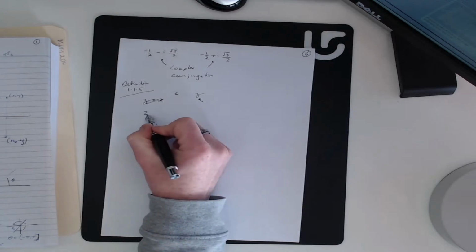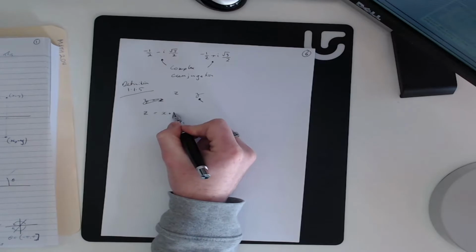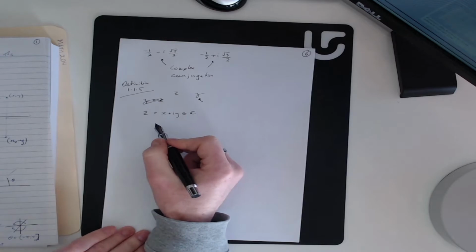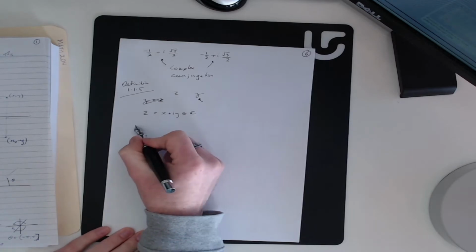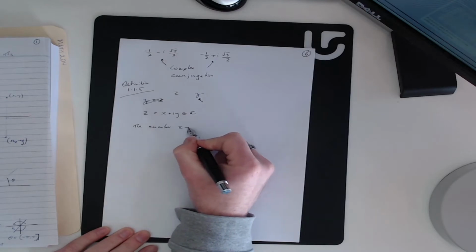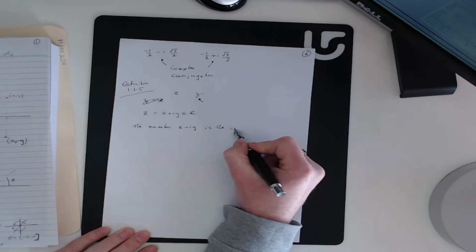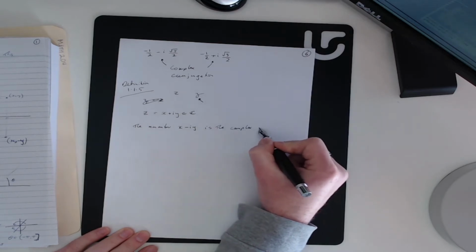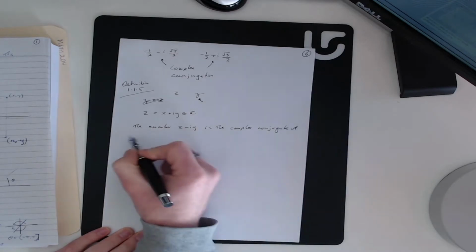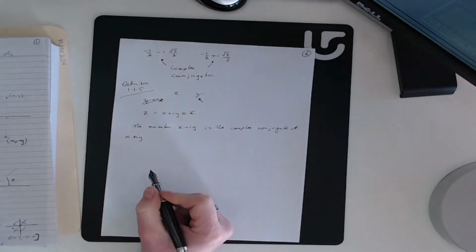So z is typically used to denote an element of the complex numbers. So that must be x plus iy, an element of the complex numbers. So the complex conjugate of z, you can just call it the conjugate.